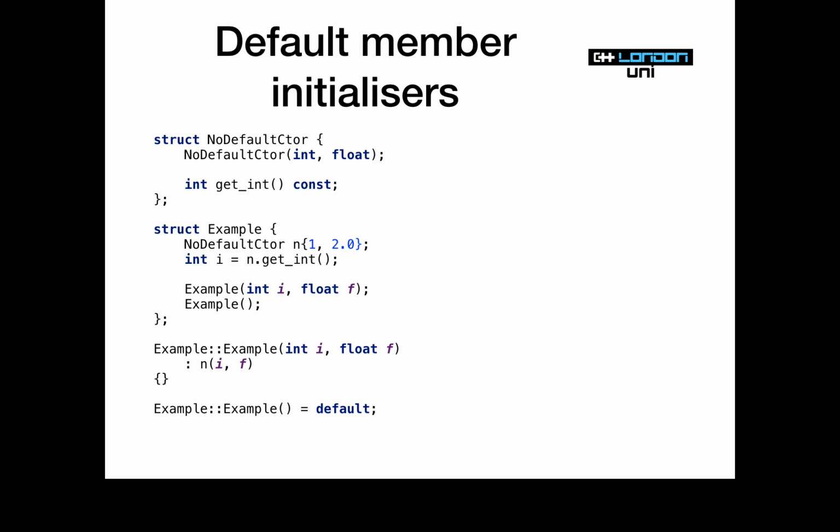And now for the default constructor, I can just have an explicitly defaulted default constructor. What this is going to do is construct n with 1 and 2, call the n constructor, and it's going to initialize i with the result of n.getInt.